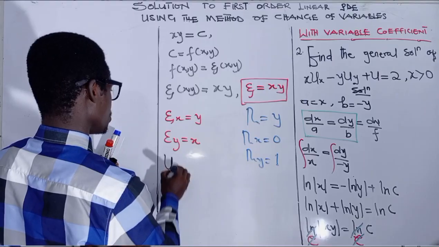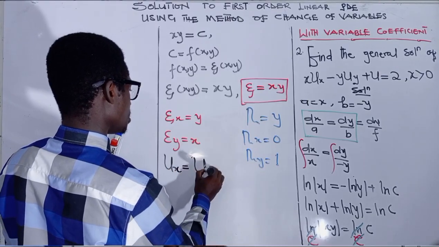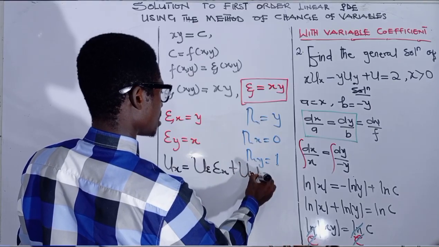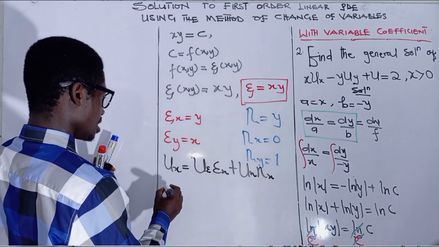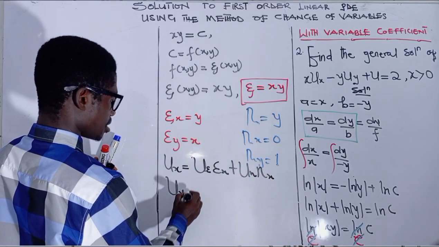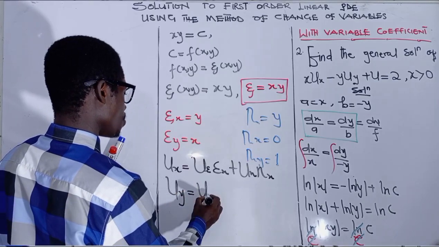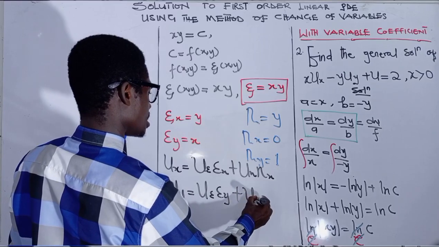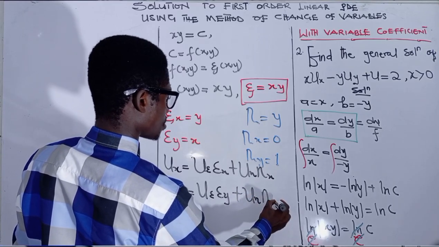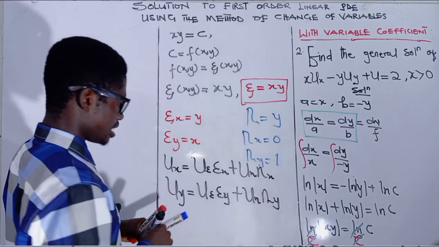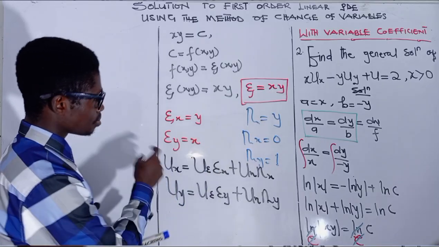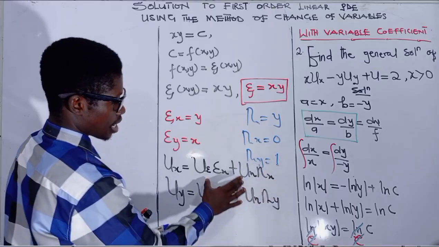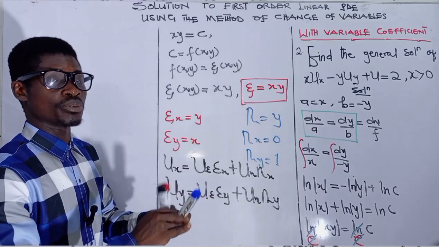We know that ux is equal to u xi xi x plus u eta eta x. Then we write our expression for uy. We know that uy is given as u xi xi y plus u eta eta y. Very, very easy and simple. Once we have this, we are just going to plug in xi x, xi y, eta x, and eta y into the equation. We simplify and then we integrate.